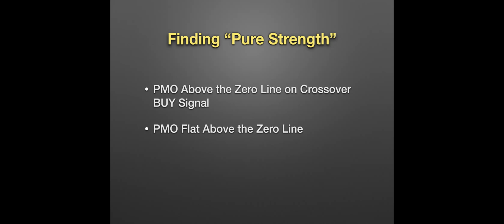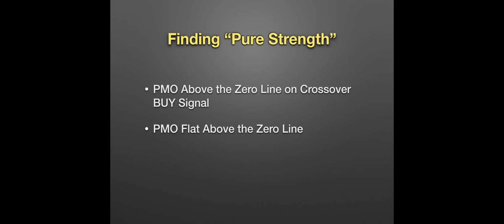Now, that doesn't sound like it would mean strength, right? Because your indicator is flat. But what'll happen with the PMO is that as price starts to move in a steady rising trend, the PMO will start to flatten out because there is no new momentum there.